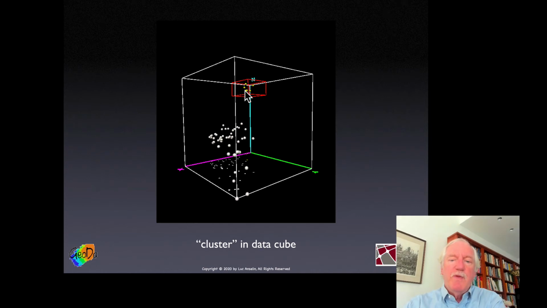And then of course we'd be interested in situations, and we already know this is the case, where these 6 points that are very close in multi-attribute space are also very close in geographical space. And this is a theme that will come back over and over again. The match between attribute similarity, in this case closeness in a 3D data cube, and geographical similarity, where they are on the map.